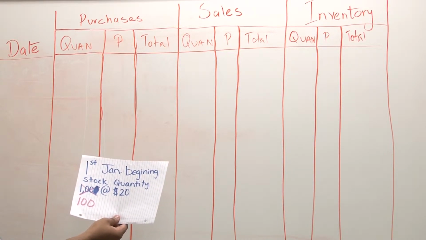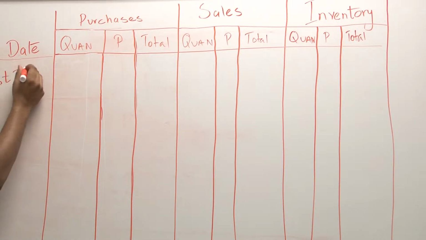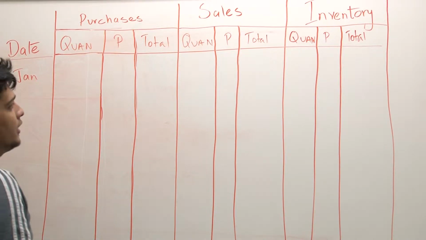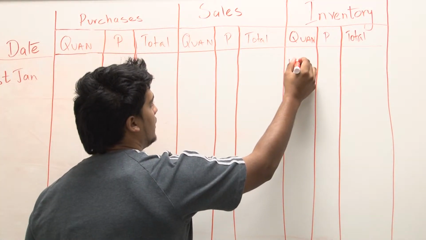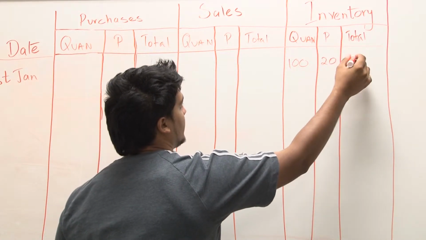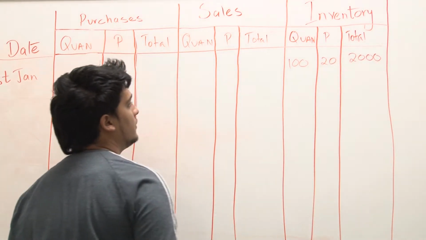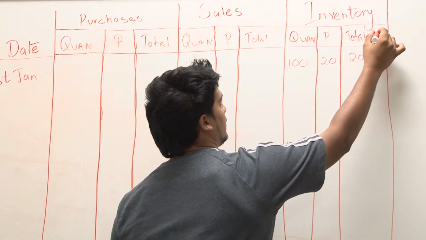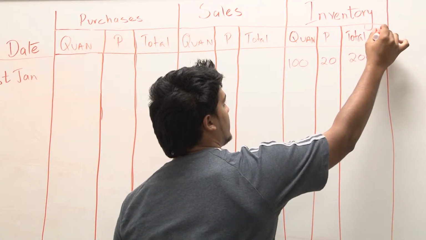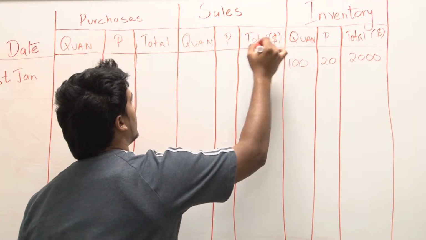On 1st Jan I had 100, and I priced that at 20, and in total I had a worth of 2,000. Remember, all the total prices are in dollars.